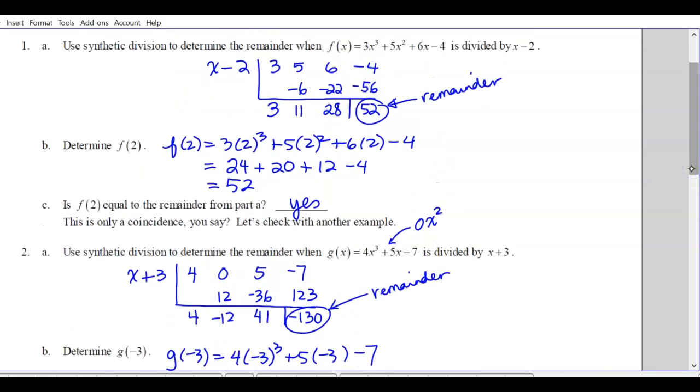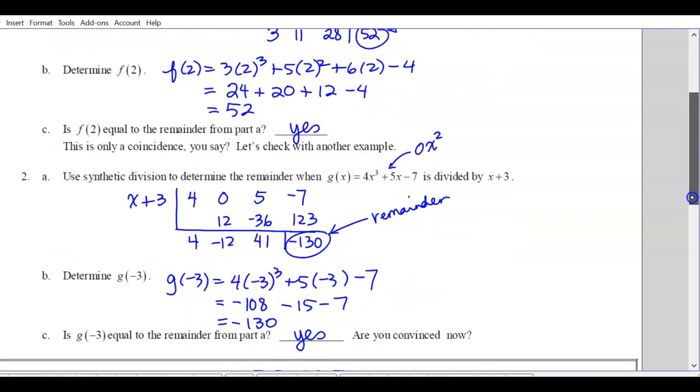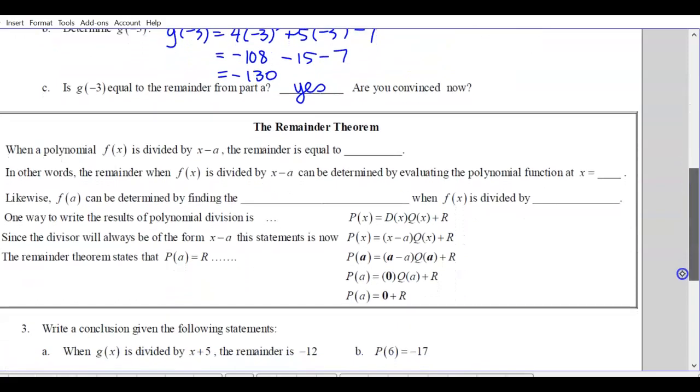Here, dividing by x minus 2, what value of x makes that 0? Positive 2. When you put it in, you get the remainder. So that's the relationship. The remainder will be the same if you substitute in the value of x that makes that binomial 0. So when a polynomial is divided by x minus a, the remainder is equal to f of a.